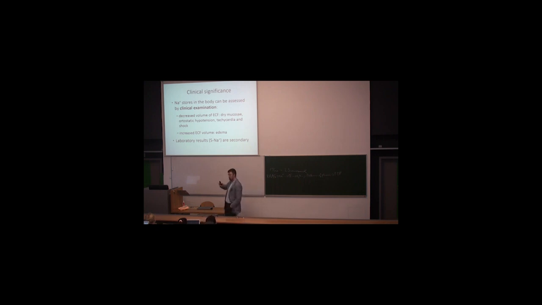Since where there is sodium, there is water, but the concentration could be normal or almost normal. For example, if you have edemas, that means leg swelling, or you have ascites, you have a higher amount of sodium in your body, but the concentration in the blood can be normal. And you as a doctor must distinguish between these two parameters.